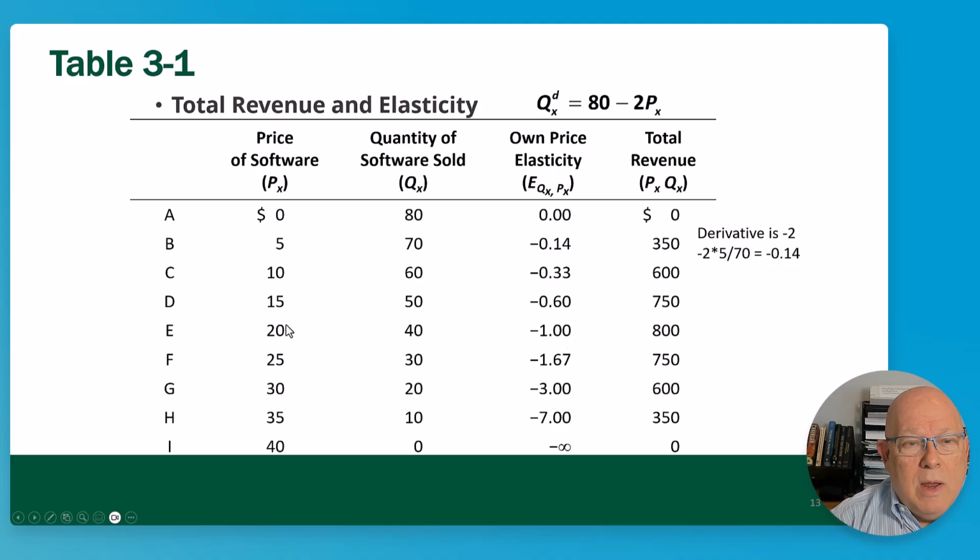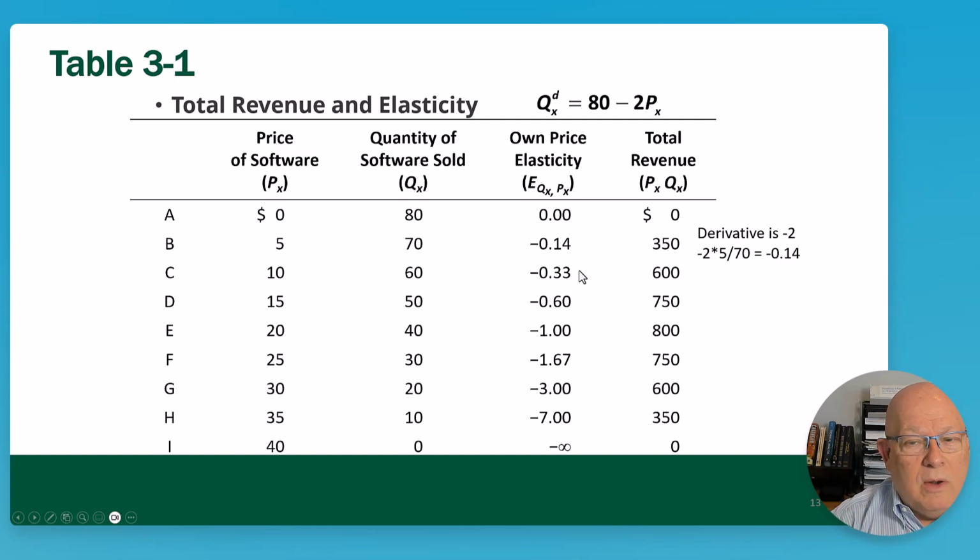Okay, so by the time we get to a price of 20 and a quantity sold of 40, we have price elasticity of -1. So then we have unitary elasticity. And then once we get over that level, then there's even more and more of an impact. So the more and more that we raise prices, the more it's going to reduce demand.